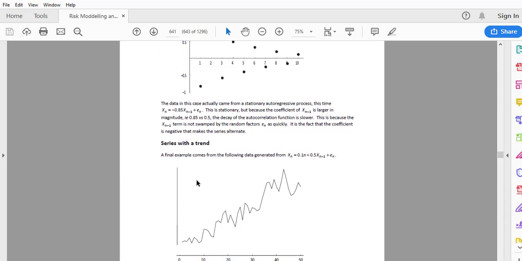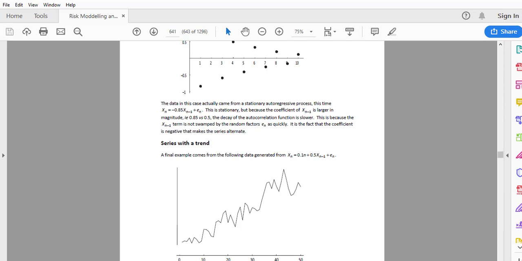This is a series with a trend. A series with a trend cannot be stationary because if there is a trend, then your expectation will never be constant. There is an increasing trend here in the data, which means your expectation would be increasing with time.